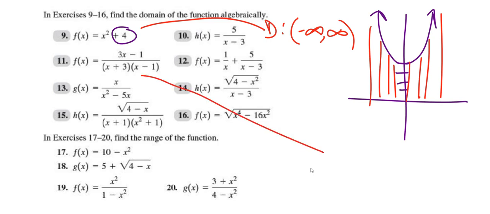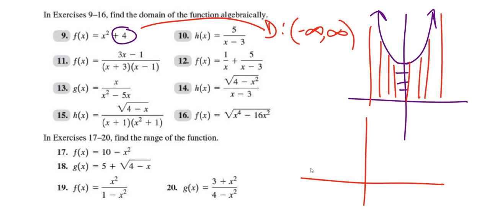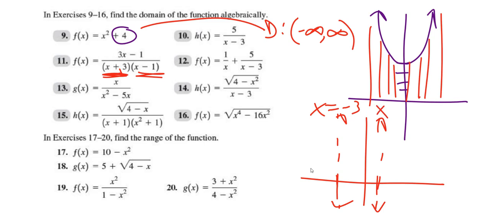But I really think it's important that you be able to not only see, we got a problem at -3 right here. At -3, we've definitely got a problem. And we've got a problem at x equals 1. So in terms of domain, you should be able to say, well, you're going to have everything from -infinity to -3 union what?